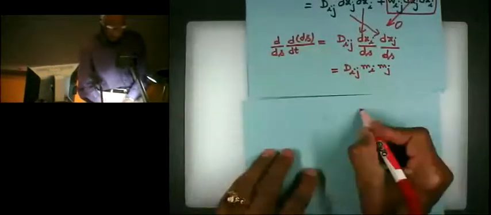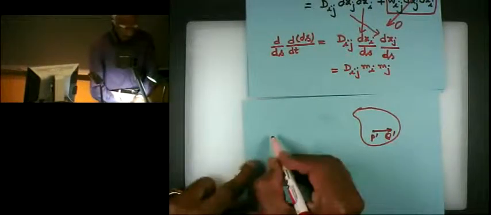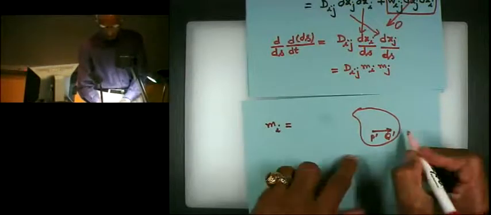Now let's consider a special case, when p prime q prime is along the x1 axis. Remember, we derived this equation for a general case. So what is mi equal to then? For this choice, this is along the coordinate axis x1. Yes?